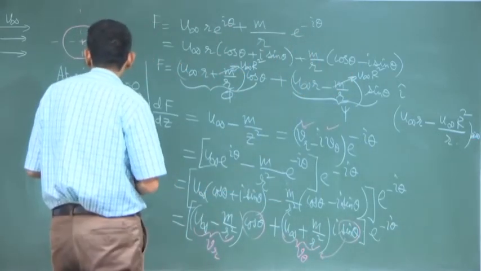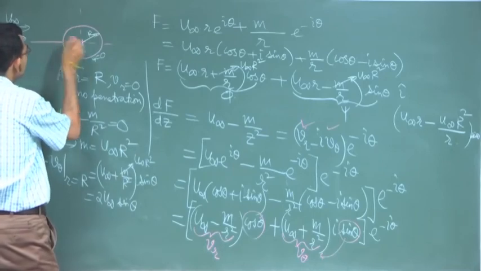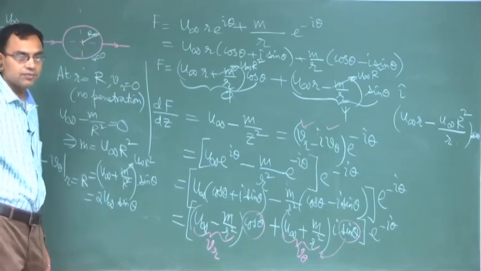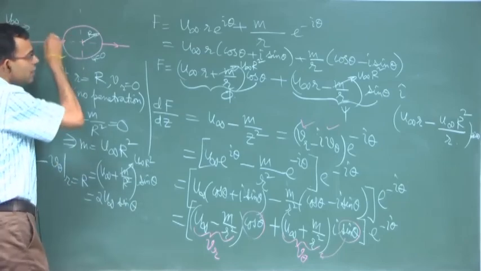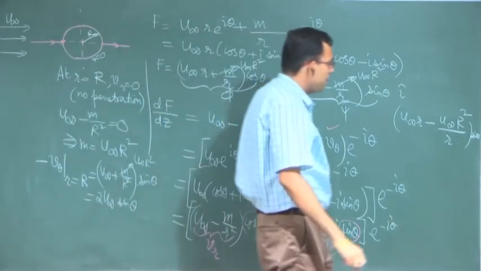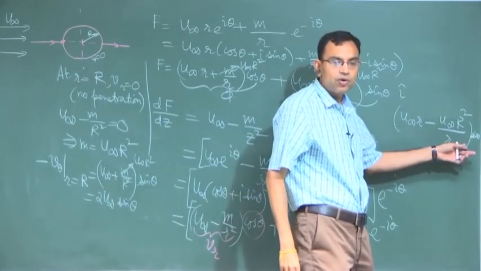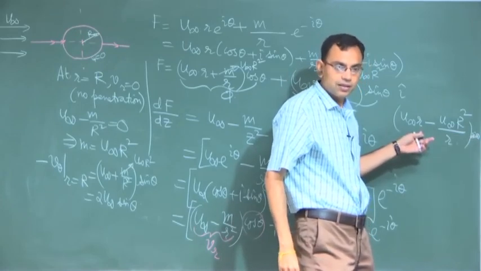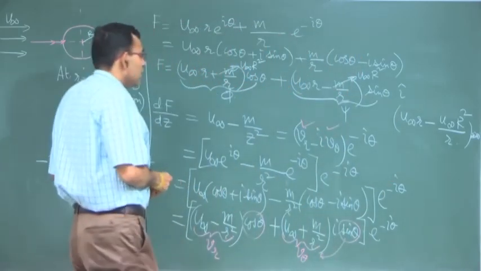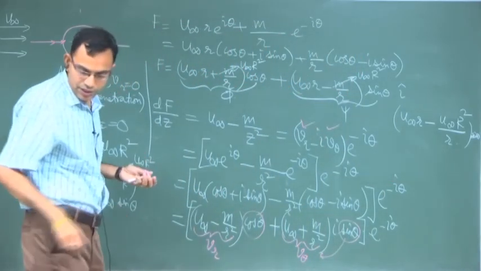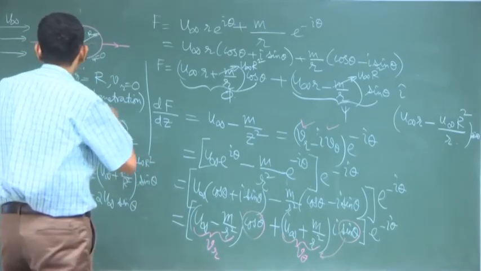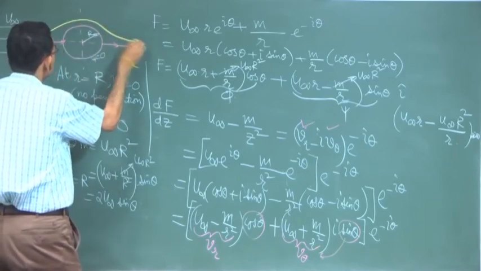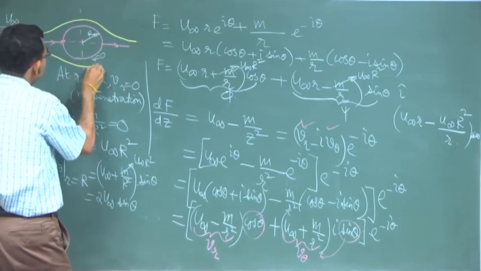So, at theta equal to 0 and theta equal to pi, the streamlines should be emerging like this, representing psi equal to 0. No matter whatever is the r, if theta equal to 0, this will be 0, right. But if theta is not equal to 0, you can make a plot of this and you will see that the streamlines will look something like this. Very, very symmetric.